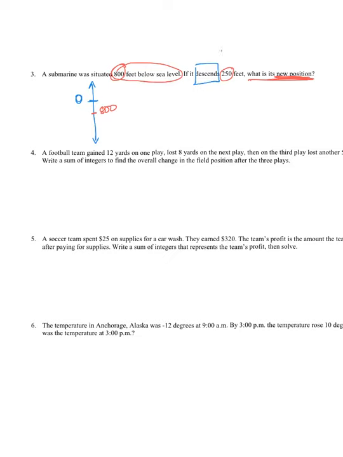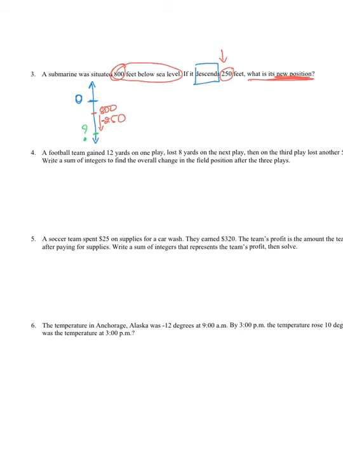Descend means going down more, 250 feet. Descend means subtract or negative number. And then what is this new position? When we stop right here, what is this place going to be?